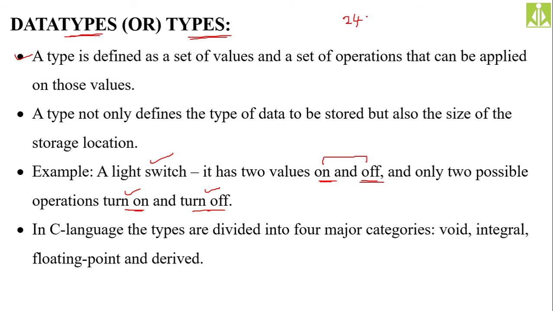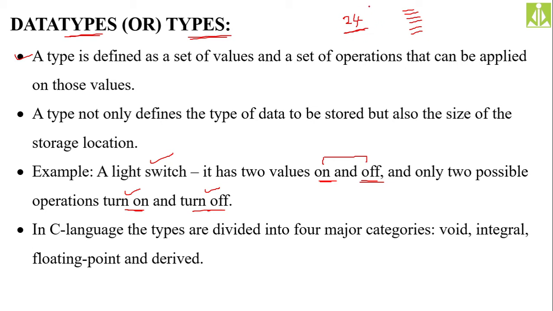Then what type of operations can you perform on this 24? You can add this 24 to some other integer value, subtract it from some other integer value, multiply, and divide. Like this you can perform different operations on this 24. All those operations come under the possible operations, and the value is 24.